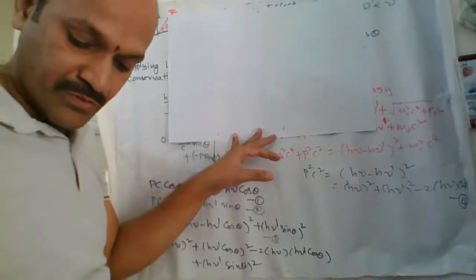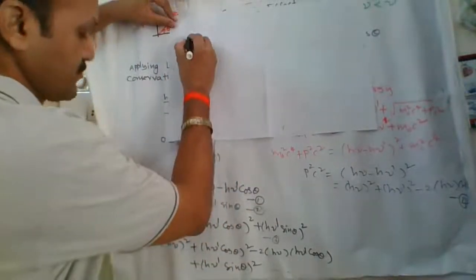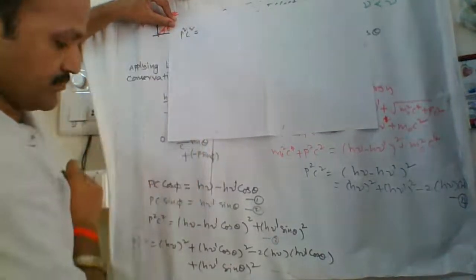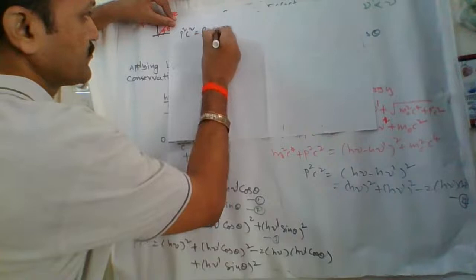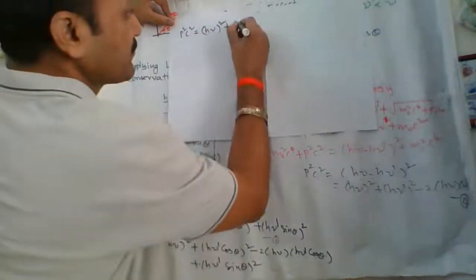So from this equation, what we get? h nu dash square common.